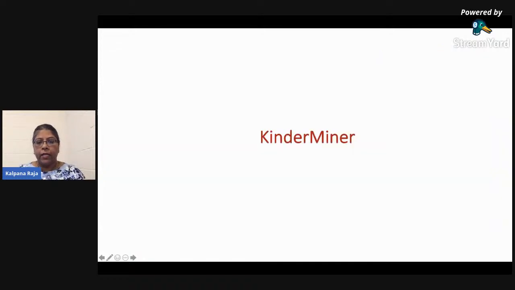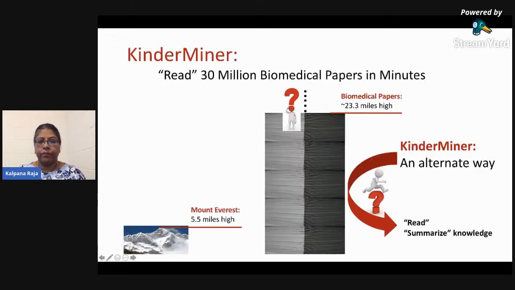So before getting into SKiM, I would like to share the previous tool. Before SKiM, we developed KinderMiner, so I would like to share some information on KinderMiner. KinderMiner reads 30 million PubMed articles just in minutes. Here I'm just giving a comparison.